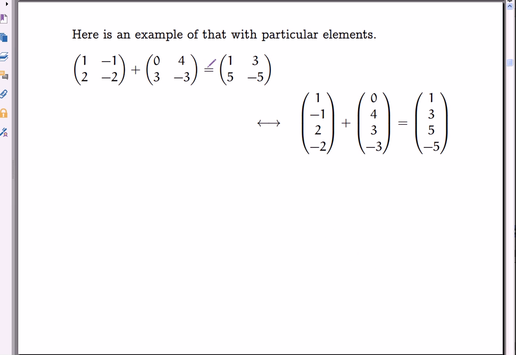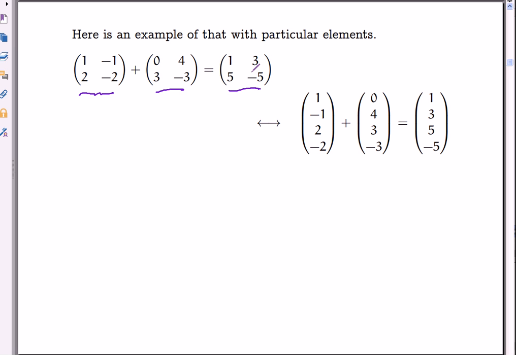Okay. So here's another particular example. If I take this particular matrix in M2, this particular matrix in M2, I get this particular result, as you can verify. For instance, -2 plus -3 equals -5.